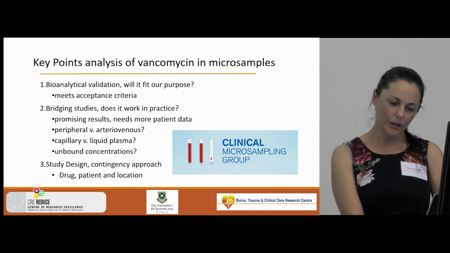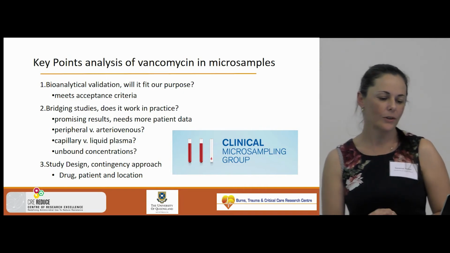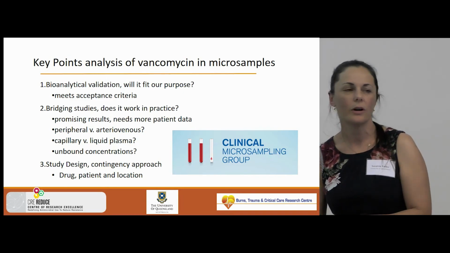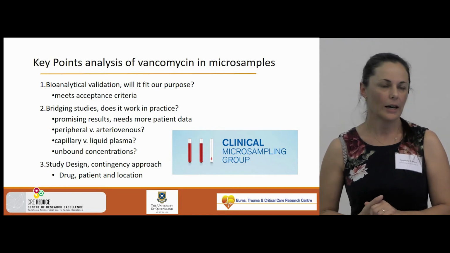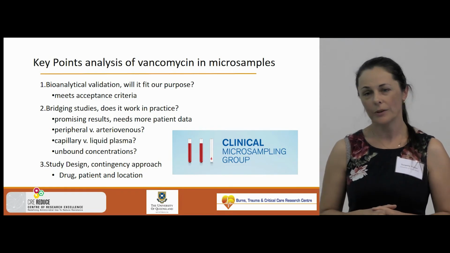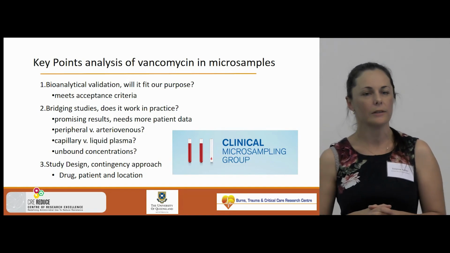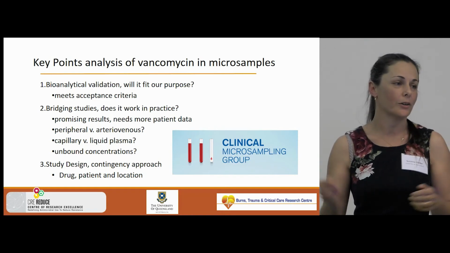The example that I used highlights the importance of study design prior to experimenting and performing these other parts of the study. There isn't a one-size-fits-all approach from microsampling from what we can see, and this certainly doesn't appear to be a perfect microsample.